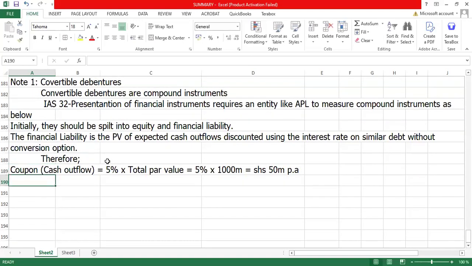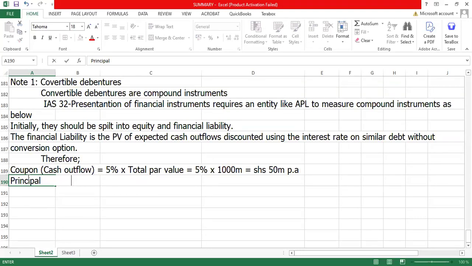So since you have the expected cash outflow, get the present value. But of course, remember these cash outflows, you have the coupon and the principal. These things must work together. You must have the cash outflow as your coupon and the principal.